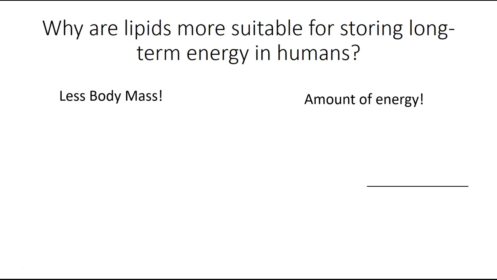One is they are lighter than carbohydrates. They equate to less body mass, and they produce more energy. So you're able to keep the organism's body mass, or weight, to a minimum while maximizing the amount of energy potential that organism has.